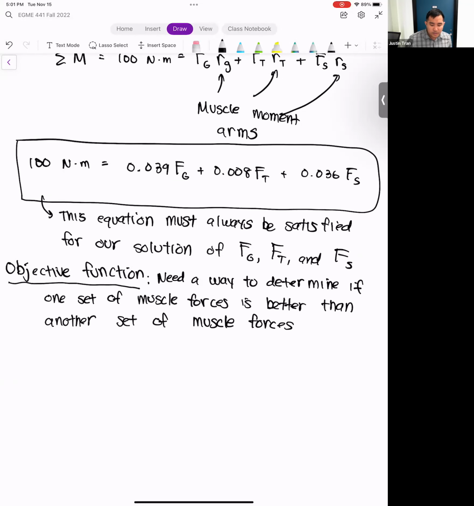And so that's the point of the objective function. And so I think this is the part which trips most people up with optimization, because this is something that you have to determine on your own.